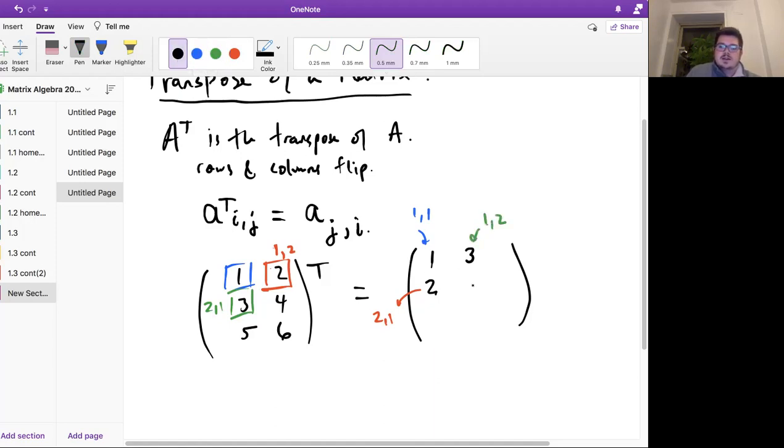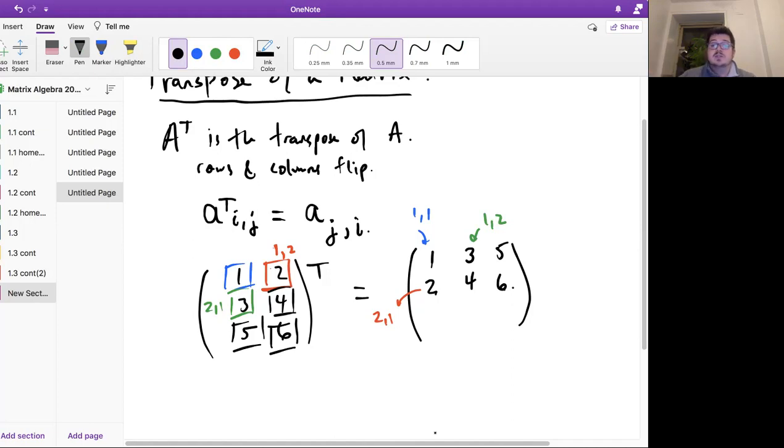So this entry down here is 3, 1, so this goes to 1, 3. This entry here is 2, 2, so that goes to 2, 2. And this last entry here is entry 3, 2, so it goes to 2, 3. Okay.